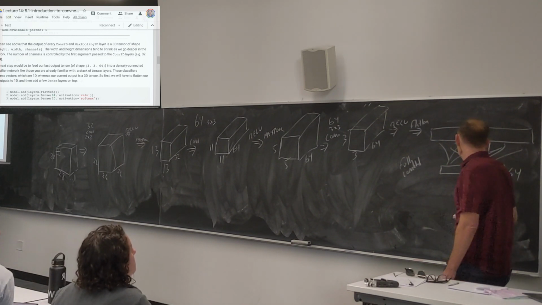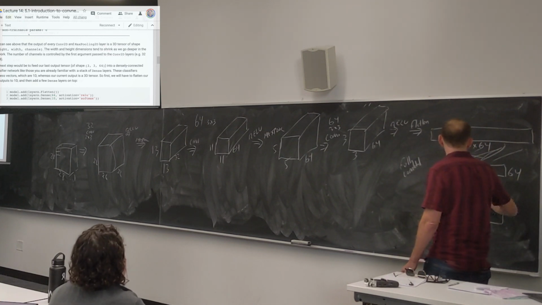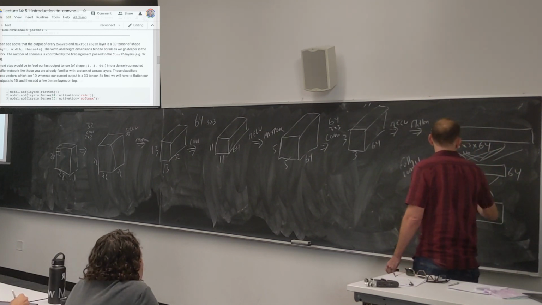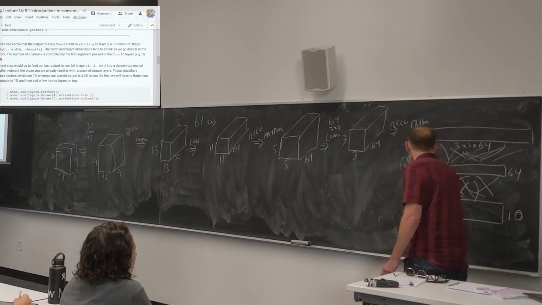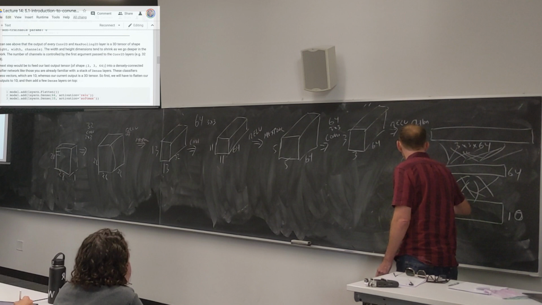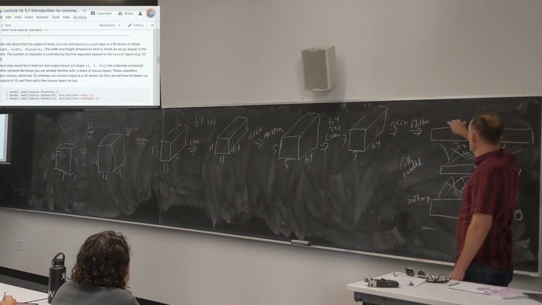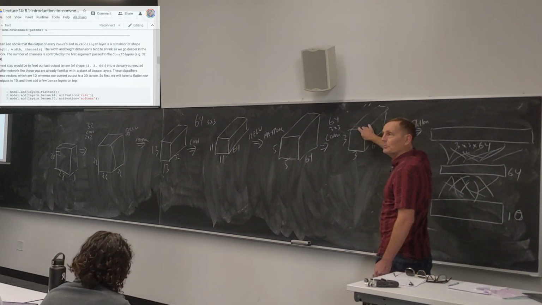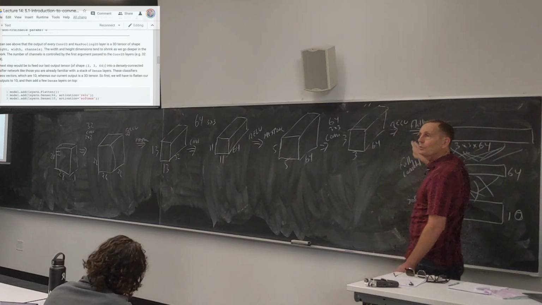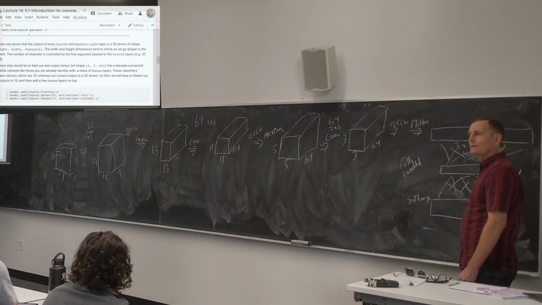And then we'll have one more fully connected layer. 10 big. And this will be softmax. So that's how we get from our last convolution output to our final result. We always throw it into at least one fully connected layer and sometimes two.